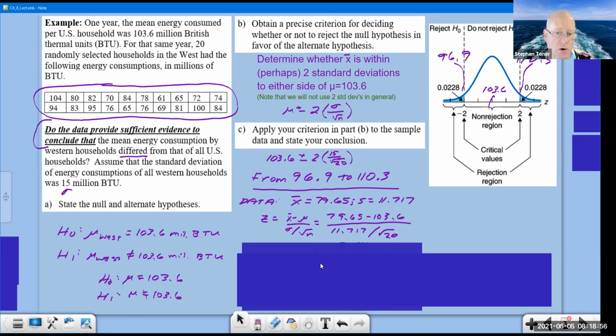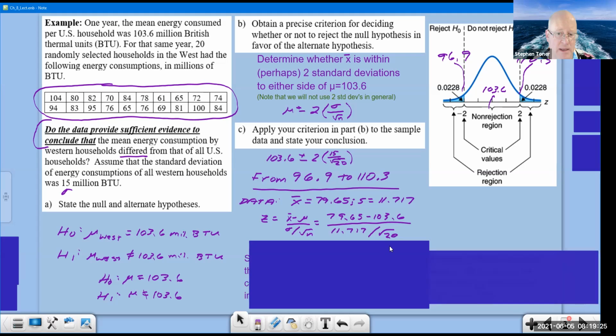Now, let's go and standardize it. Remember how we're going to take a z-score here. X minus mu divided by, and instead of sigma that we learned back in chapter 3, it's sigma over root n. So I took my sample x bar minus that 103.6. How far away is that? But then let's find out how many adjusted standard deviations that is. So let's divide by these values there.